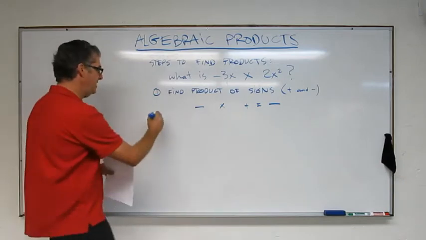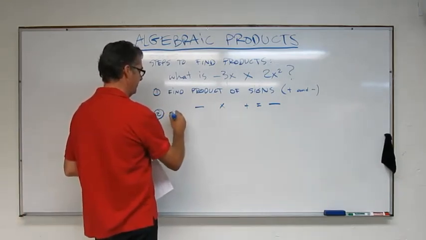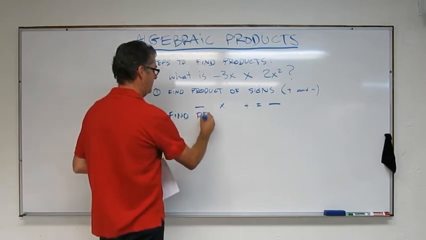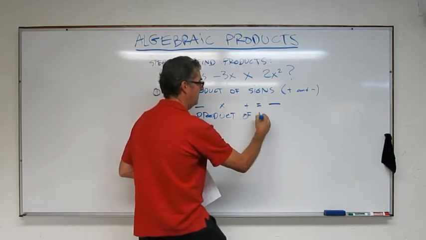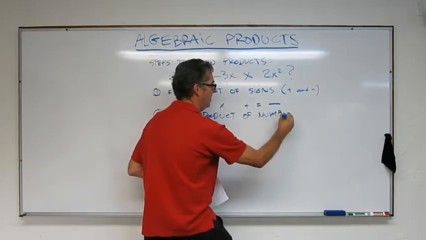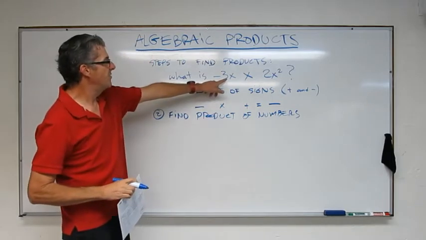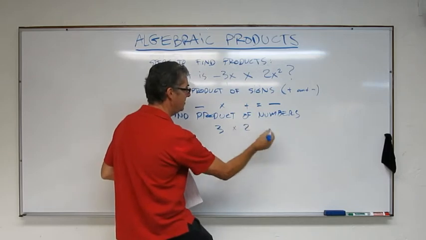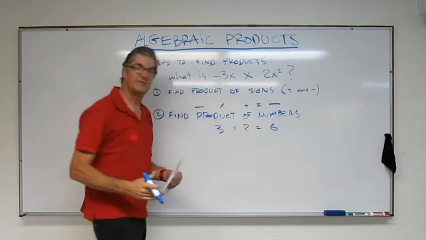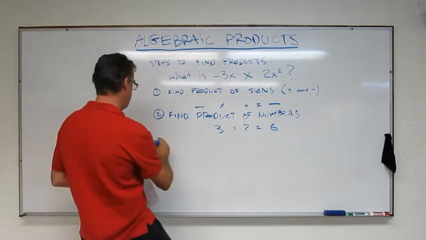Okay? Second step. Find product of numbers. Okay? So in this case, we've got a 3 times a 2. 3 times 2, what do we get? 6. Okay? So that's the product of our numbers. 3.